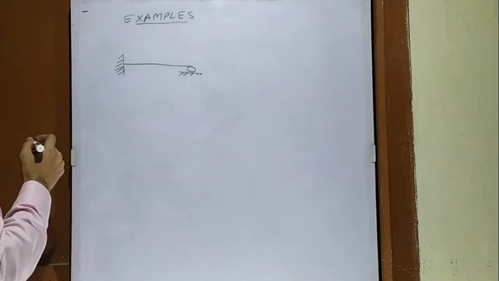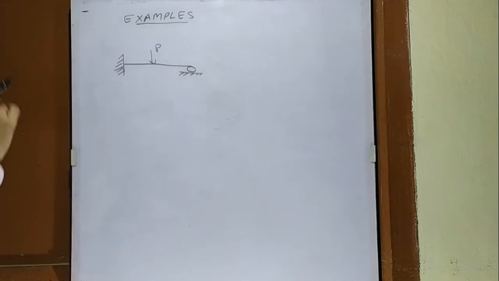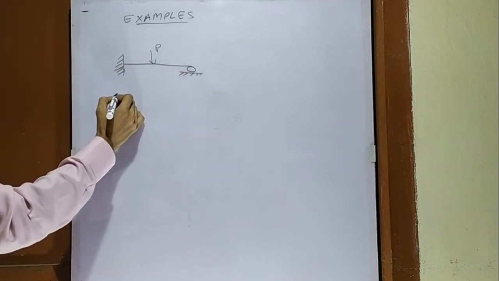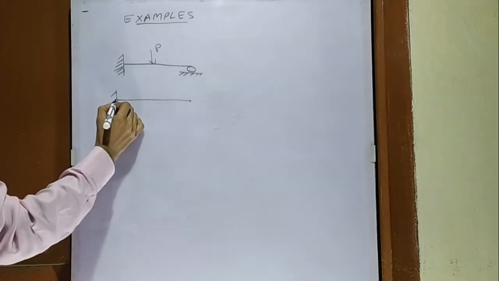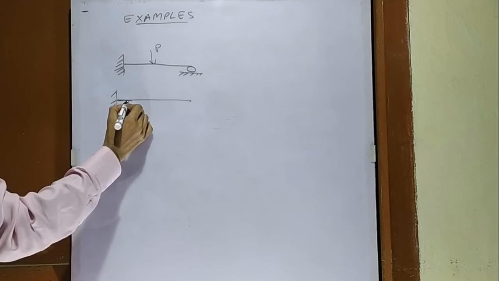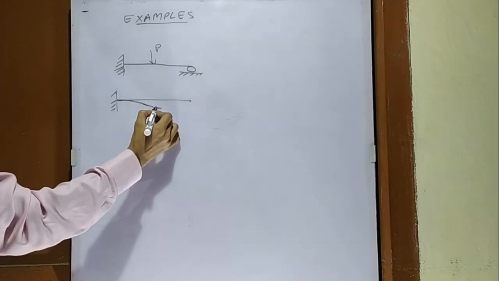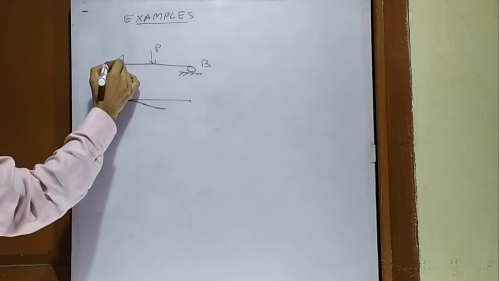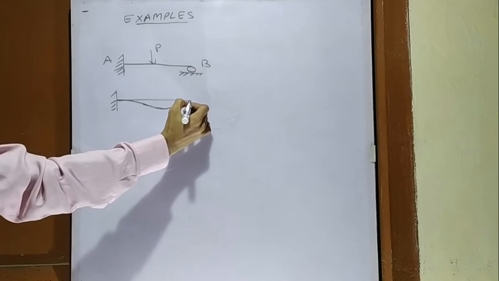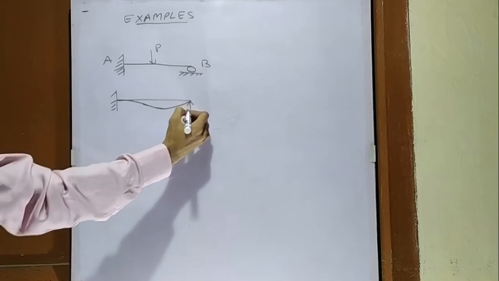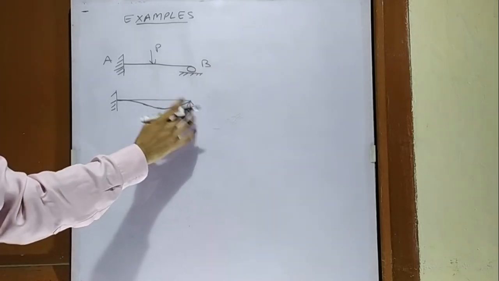So what will be the deflected shape of this beam? If we apply a load P here, the beam will deflect like this, because at the fixed support there will be no rotation and no deflection. The beam will rotate only at support B. So this will be the deflected shape of the beam, with only a vertical reaction there.